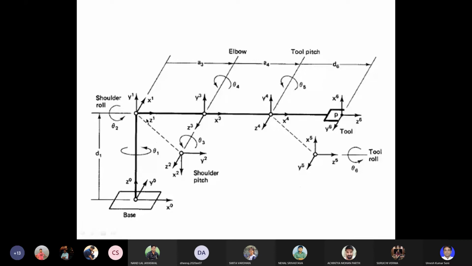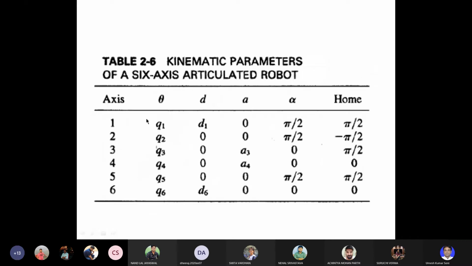So first you see here relative to the x0 y0 z0 coordinate, the Z1 coordinate has changed by pi by 2. Z1 axis has rotated by pi by 2.